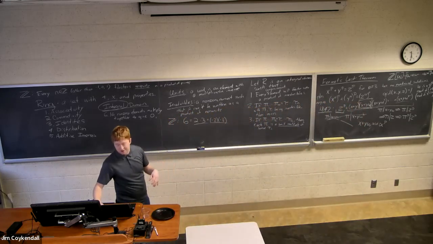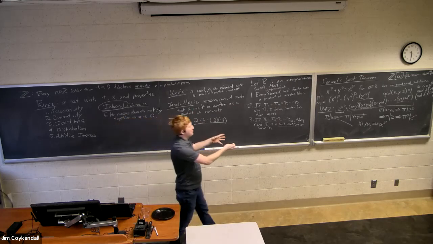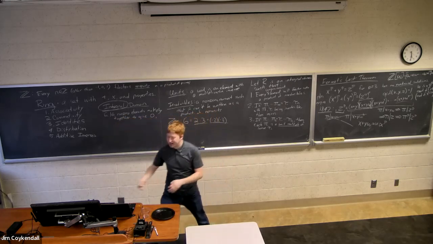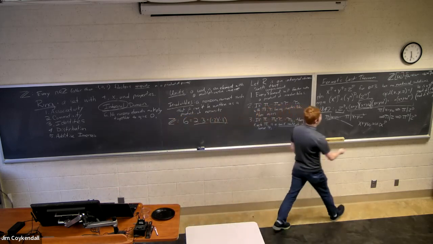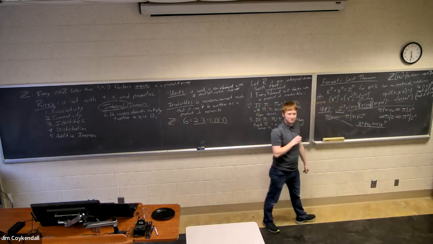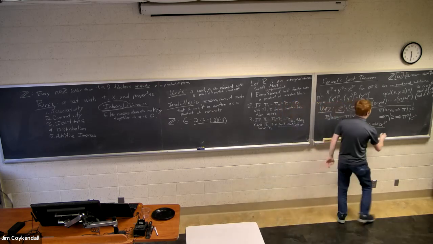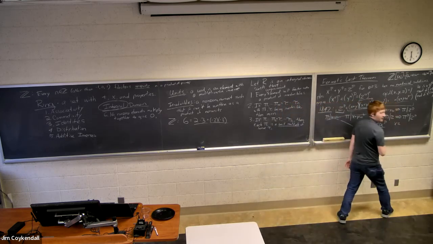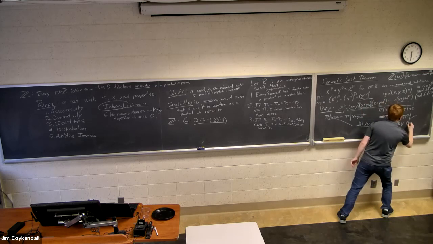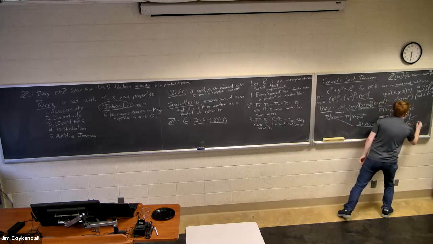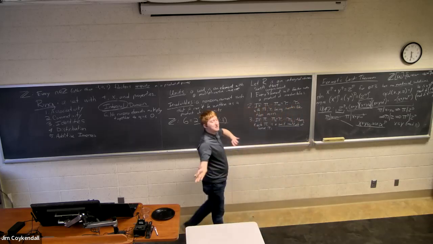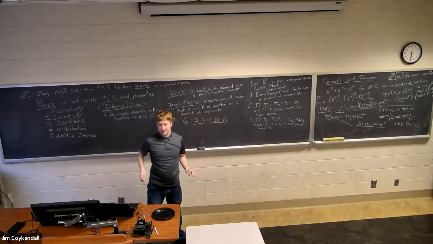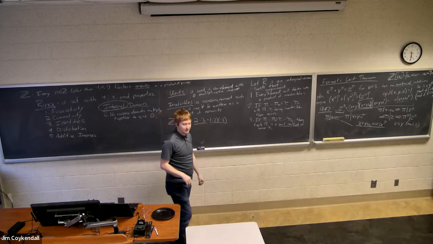So again, a lot of reasons that I don't have time to explain here. But it turns out that if this is true, then x has to be congruent to y mod p. What that means is that p is going to divide the difference of these, p divides x minus y.